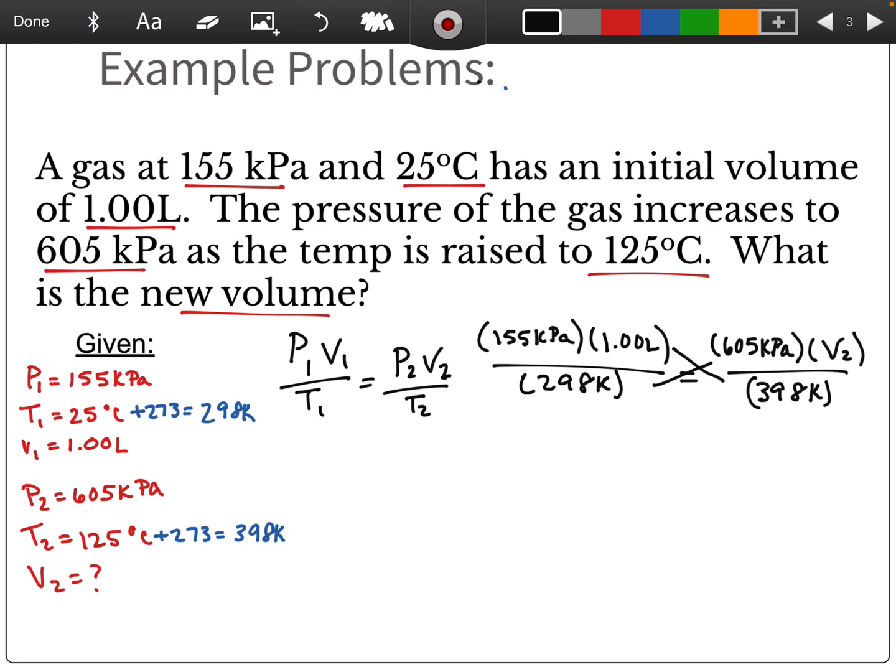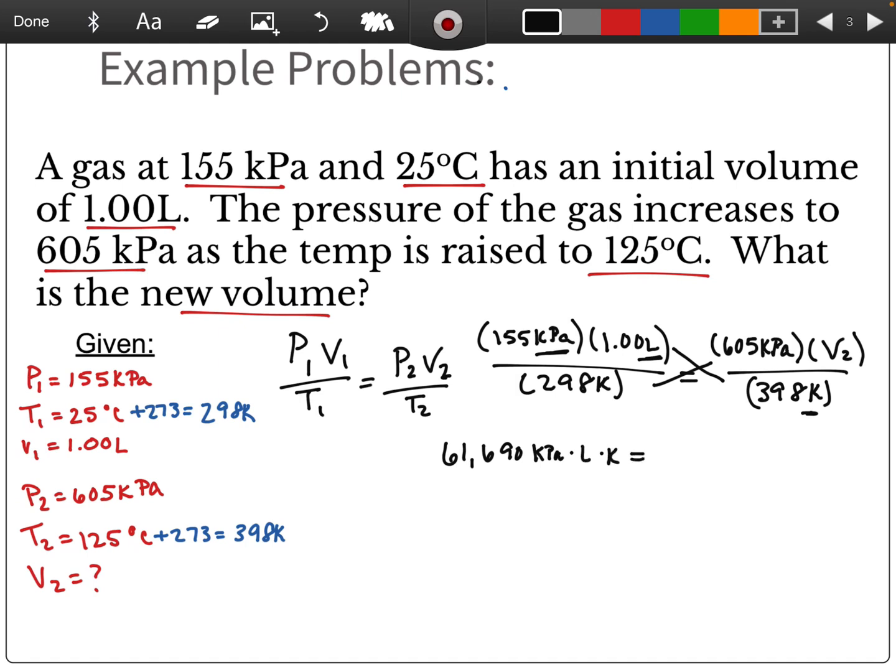If we cross multiply, I get my calculator up here, we have 155 times 1 times 398, which would give us 61,690. And the units don't cancel out yet. So we still have kPa, we still have liters, we still have Kelvin. So I'm going to include all of those units.